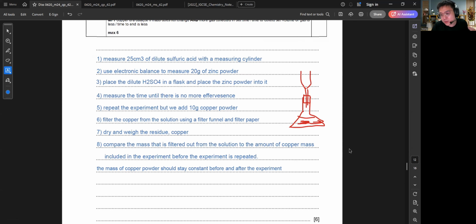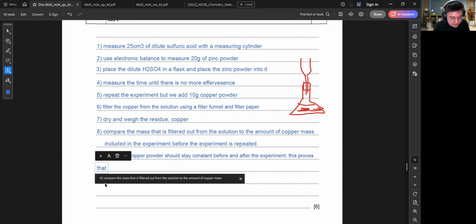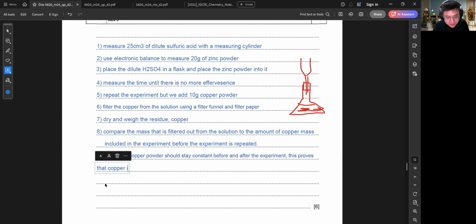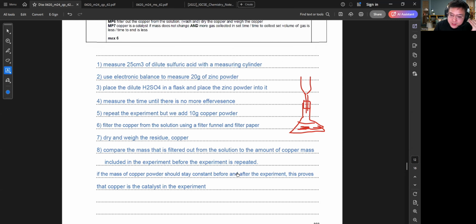All right, so we need to state that. If the mass of copper stays constant before and after, then we say this proves that copper is the catalyst in the experiment. So if it doesn't change, it proves that copper is the catalyst. So just write in all this extra stuff.